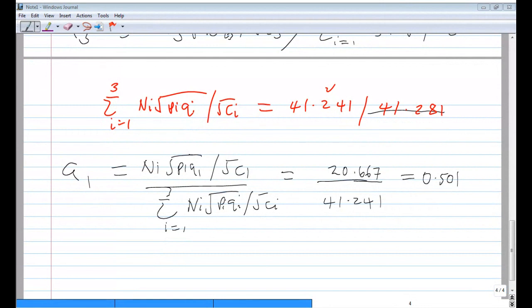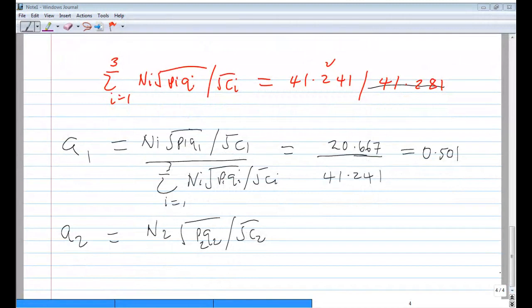Now let's go to the fraction of observations of stratum number 2, which is A2. That is N2 square root of P2 Q2 divided by square root of C2. Then we divide by the summation of i ranging from 1 up to 3 of Ni square root of Pi Qi over square root of Ci.